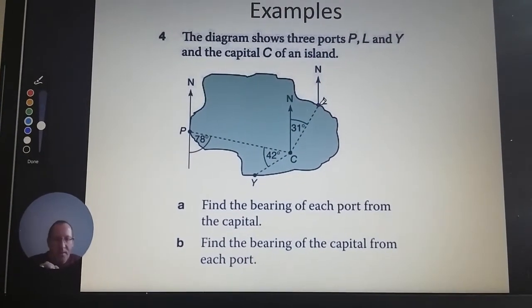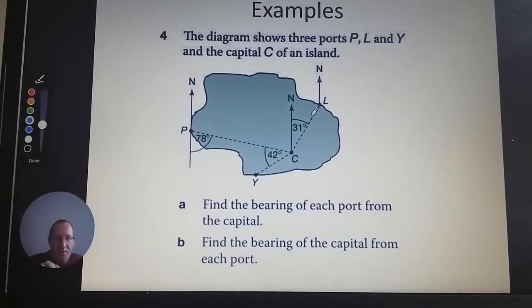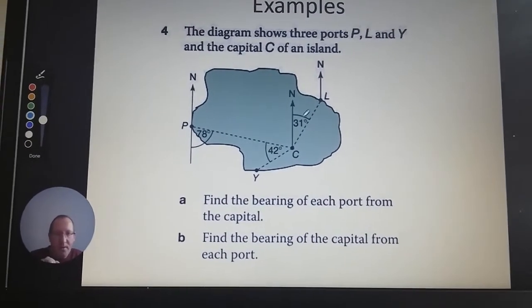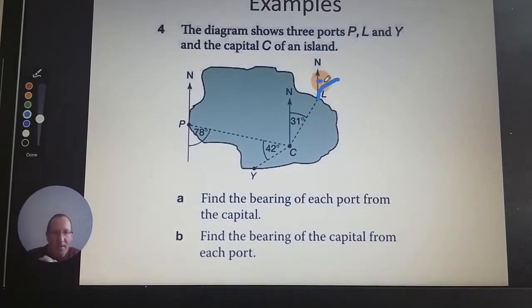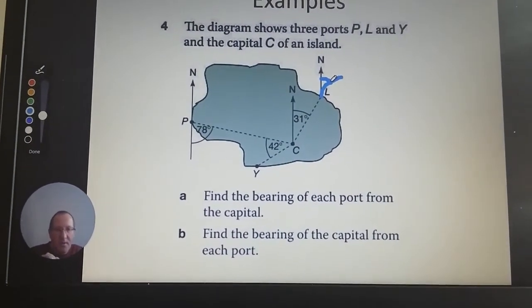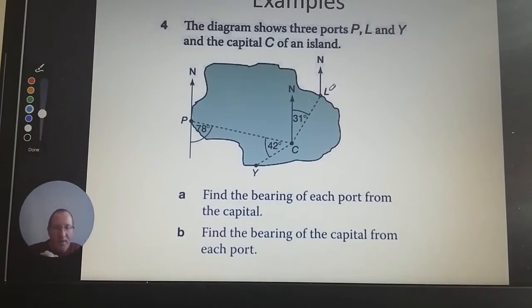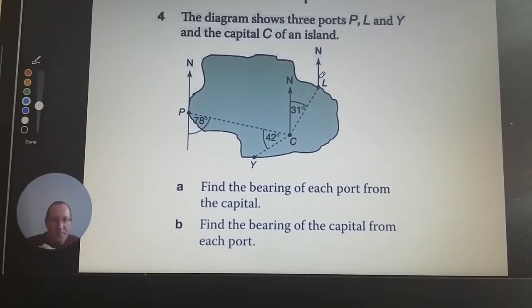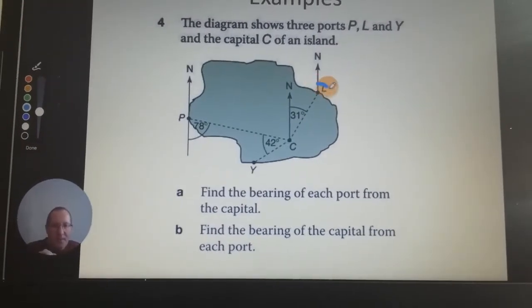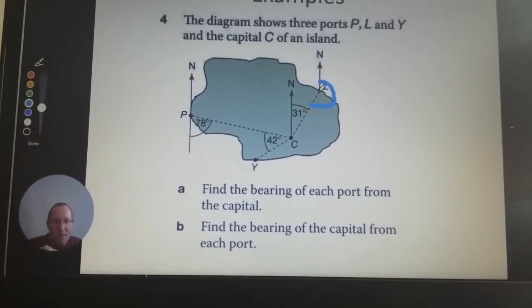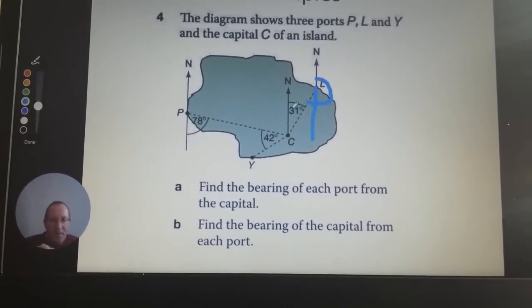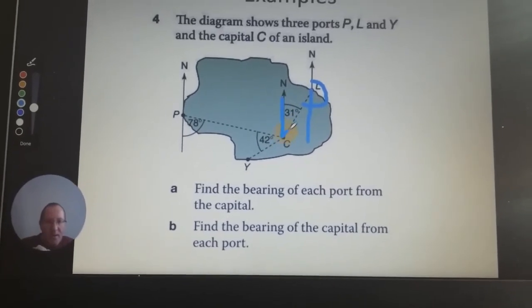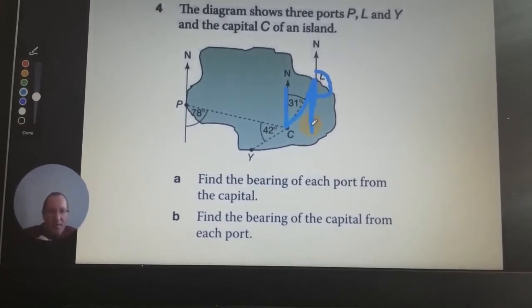If we look at this one, we're going to have to again do a little bit of back bearing work. So if that's 31, I'm going to say that that is 31 as well, because I've got an F angle on those two there. But that's not going to help me on this one. What I need to work out really is that missing angle there. So that is where I'm going to bring in a Z angle there.